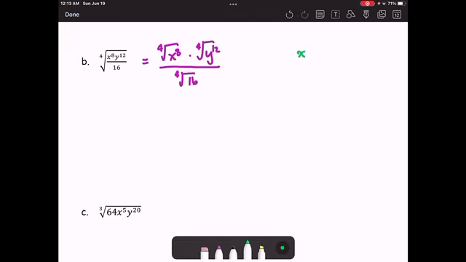So x to the power 8 is x to the 4th times x to the 4th. y to the 12 is y to the 4th times y to the 4th times y to the 4th, where 16 is 2 times 2 times 2 times 2, which is 2 to the 4th power.